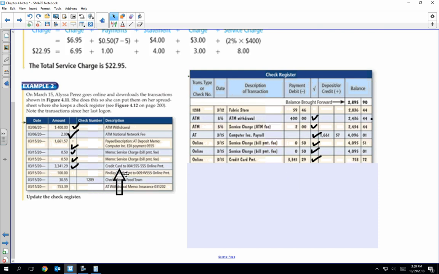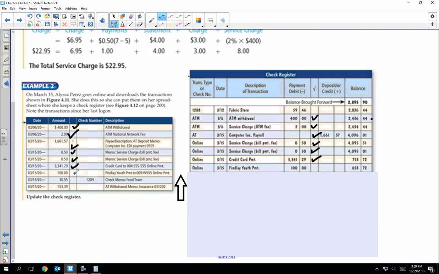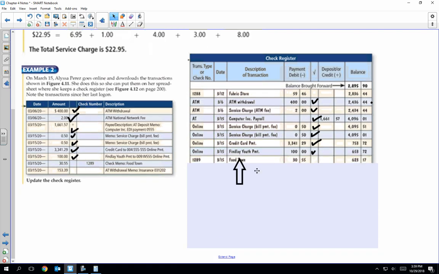The next thing that we're looking for is the Finley youth online payment of $100, because we've got to support those youths. So $753.72 minus $100 is $653.72. We didn't even need to get a calculator for that. The next, we're looking for a check for Food Town, and there it is, $30.55. We minus these two. It appears on both our online bank and our check register.